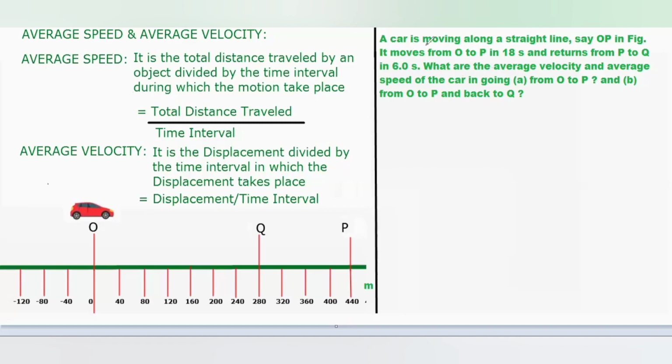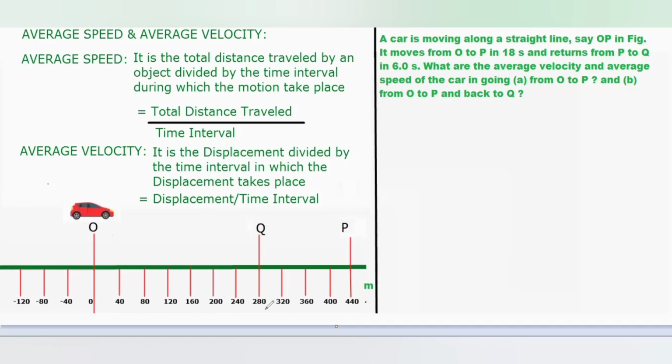With this numerical example, like in the previous topic, displacement and distance, we consider a graph where O is the origin. Two positions we considered, same as we discussed in the displacement and distance topic. One position is P, which is at 440 meters.